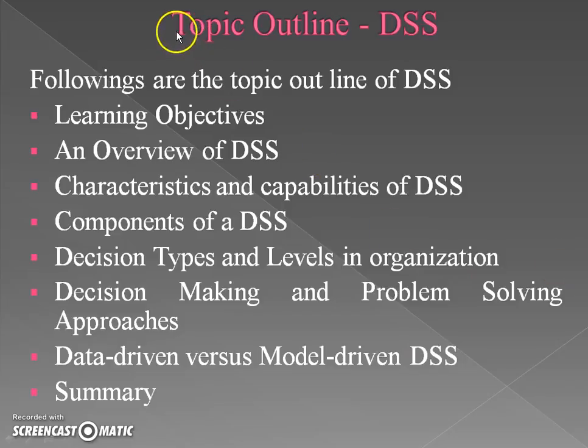In this we have the topic outline, and following are the topic outline of DSS: learning objectives, an overview of the DSS, characteristics and capabilities of DSS, components of a DSS, decision types and levels in organization, decision making and problem solving approaches, data driven versus model driven DSS, and a summary of DSS.